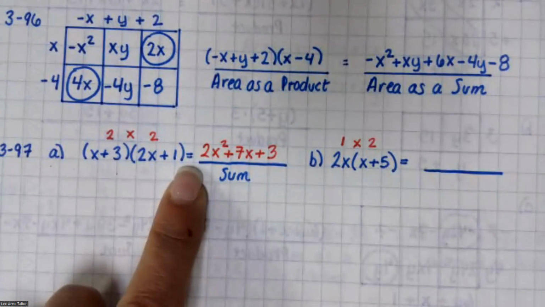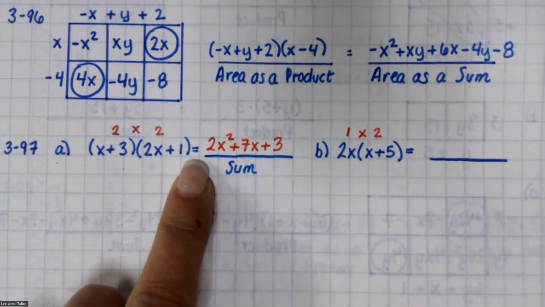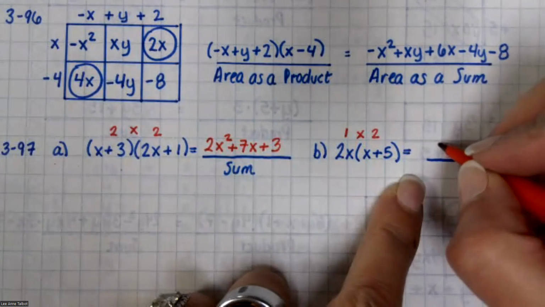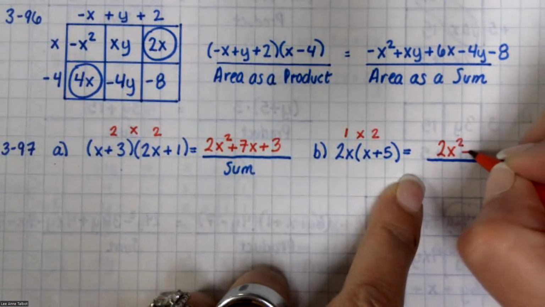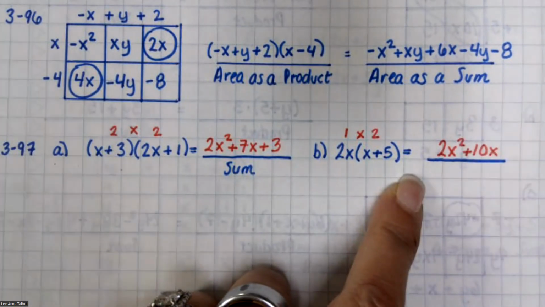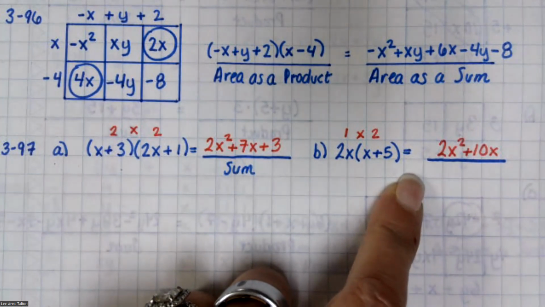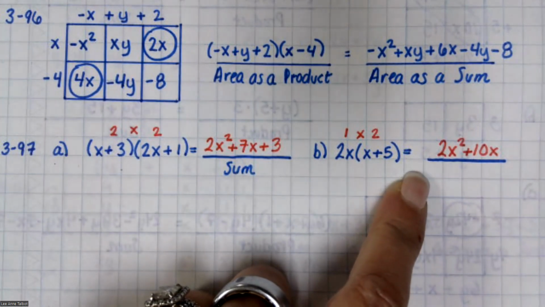I'm more than happy to. Anybody want help? Okay, answer for B is 2x squared plus 10x. Anybody need help?